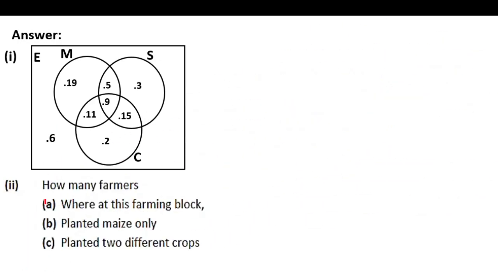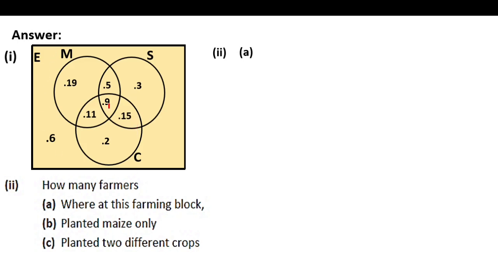Then question 2: how many farmers were at this farming block? So they want all of them here. So we'll add this plus this plus this plus this plus this plus this plus this plus this. Remember, a number is only added once, not twice.